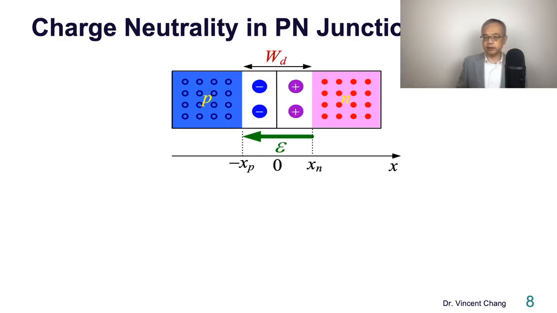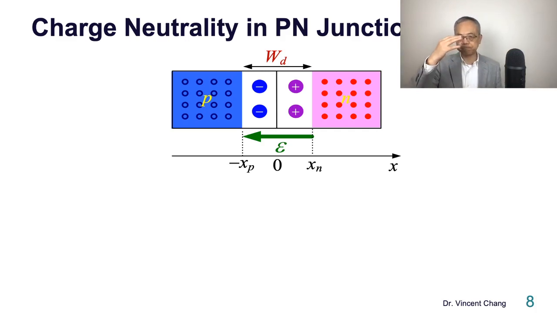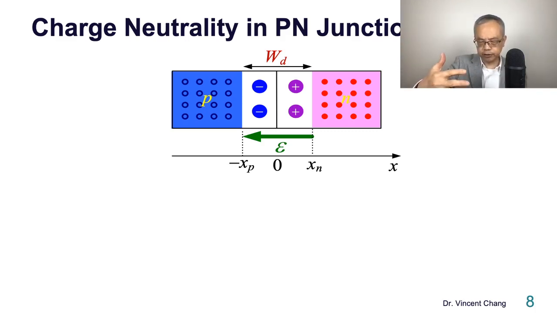Which means what? Under the thermal equilibrium, although the depletion layer is formed, and although certain charged ions got exposed, on the left-hand side is the acceptor ion, carrying negative charge. On the right-hand side of the depletion layer are the positive donor ions.